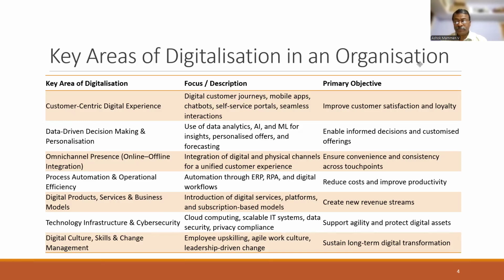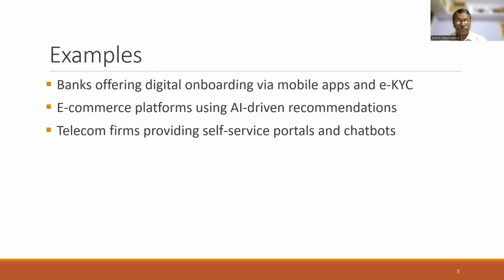Let's move on. Now we look into some of the examples that we can probably talk about. Banks are one best way of looking into how digitalization has happened there, digital onboarding using mobile app.